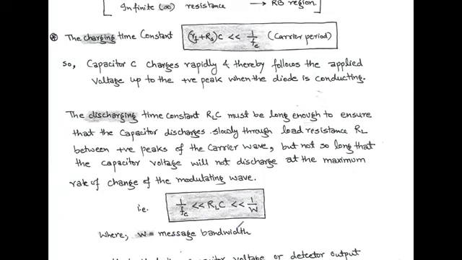Or we can say that the value of the discharging time constant, that is R_L into C, should be greater than 1 upon fc and less than 1 upon W. And after the proper selection of the charging time constant and discharging time constant, we get an output that is nearly the same as the envelope of the AM wave and corresponds to the message signal or modulating signal.